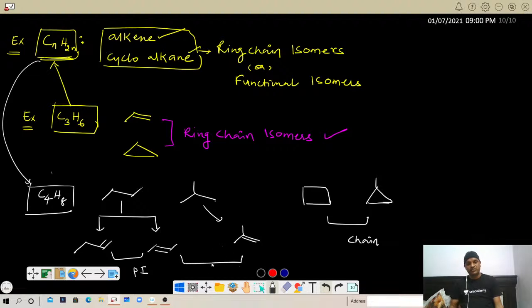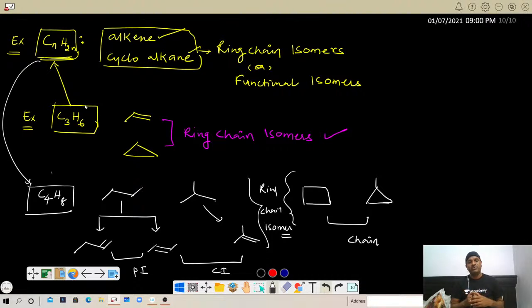Again these two are chain isomers. But this open chain system and this ring chain, so these are ring chain isomers.